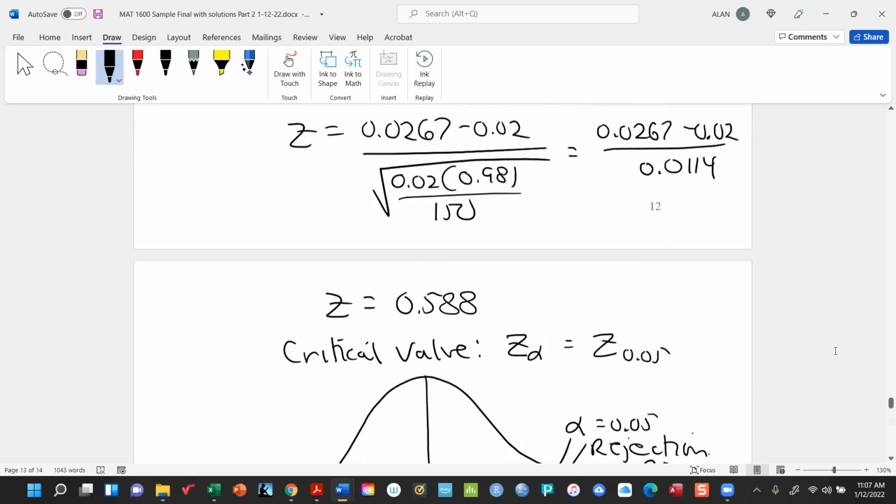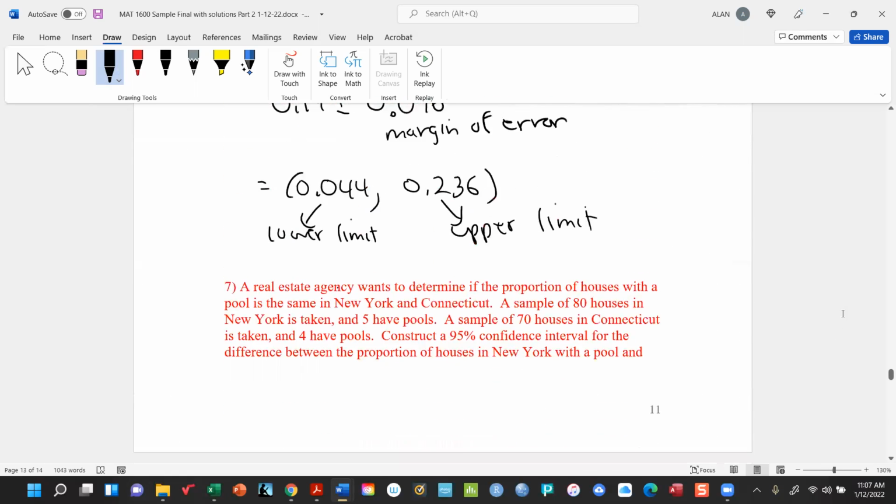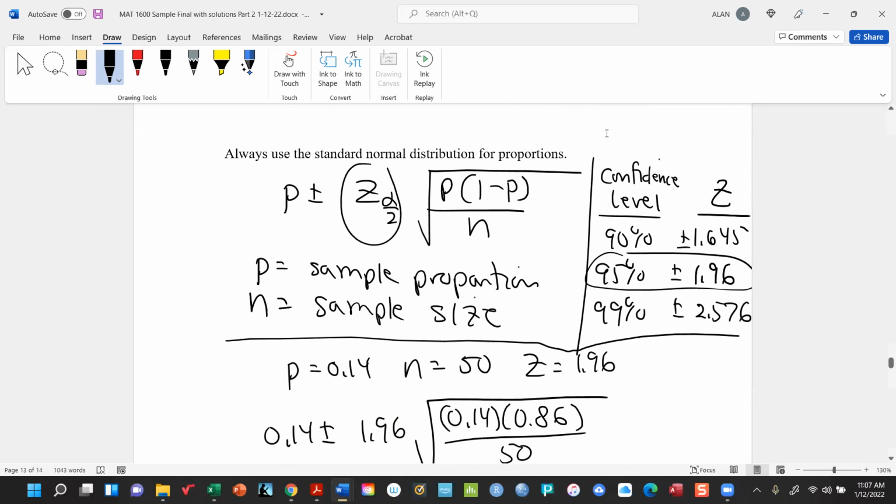So let's go back to that chart, and 95% corresponds to plus and minus 1.96.